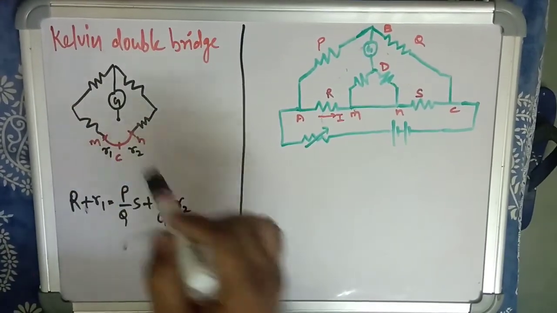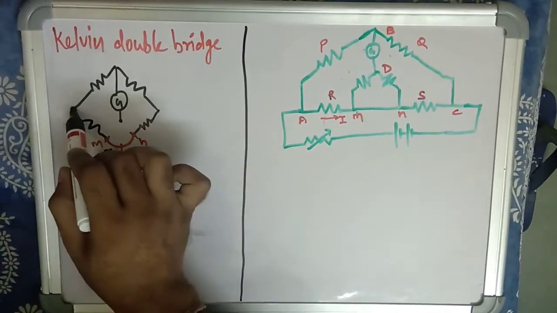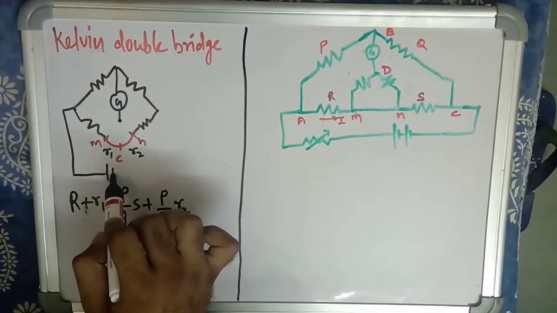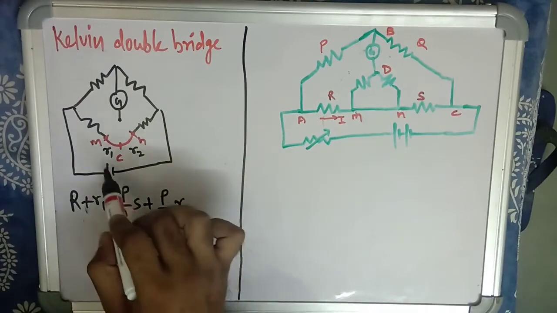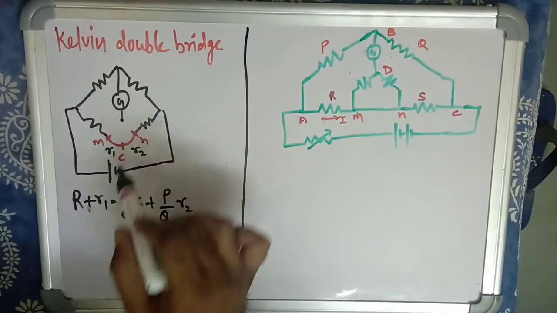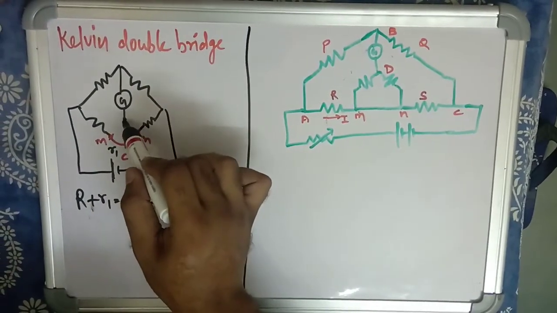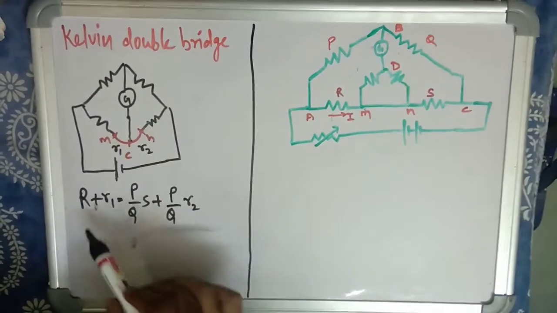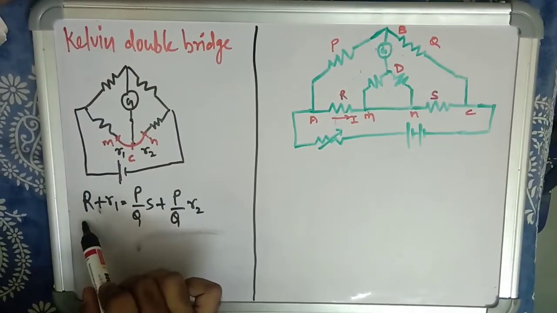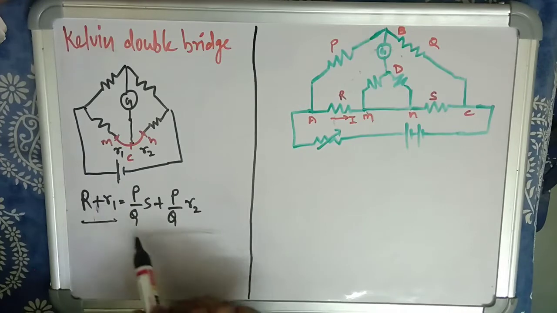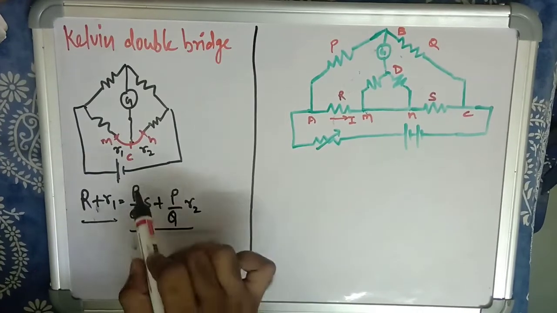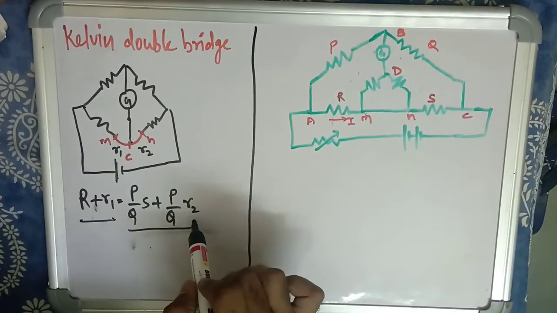When we apply a voltage here, at the balance condition, when our pointer is at C, the resistance comes out to be R plus r equals P by Q S plus P by Q R2.